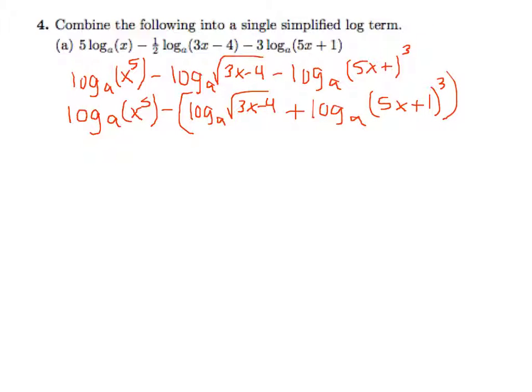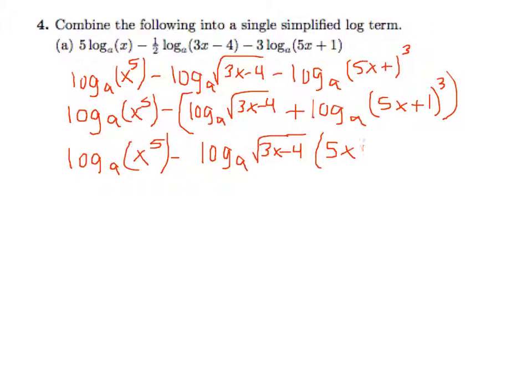And now we see we have addition with the last two logs, so we can go ahead and multiply those together. So we have log base a of x to the 5th minus log base a of the square root of 3x minus 4, and we're going to times it by our 5x plus 1 because we combined those two terms using our rule.